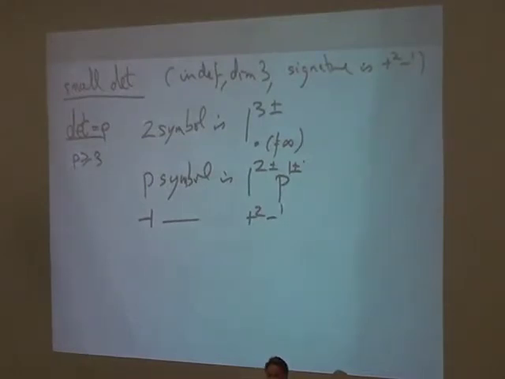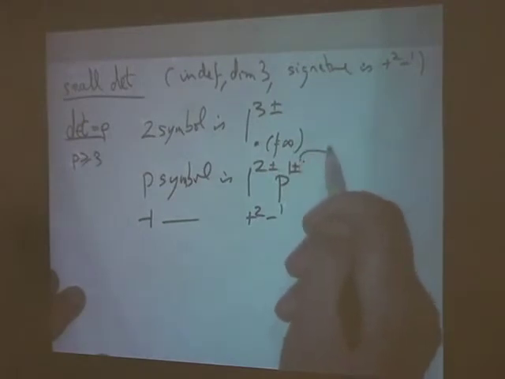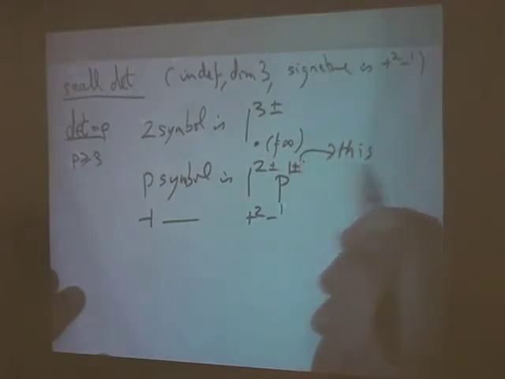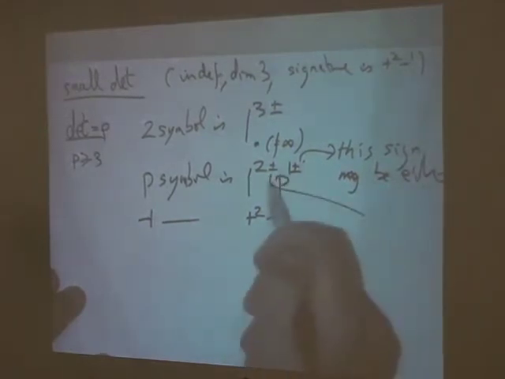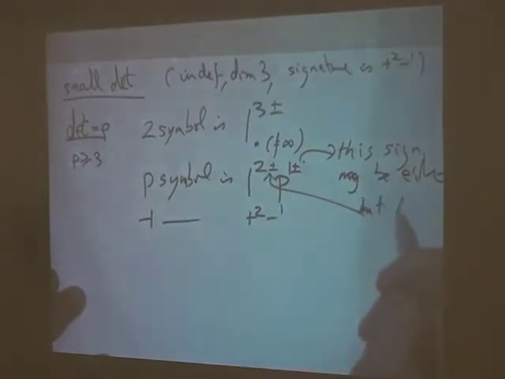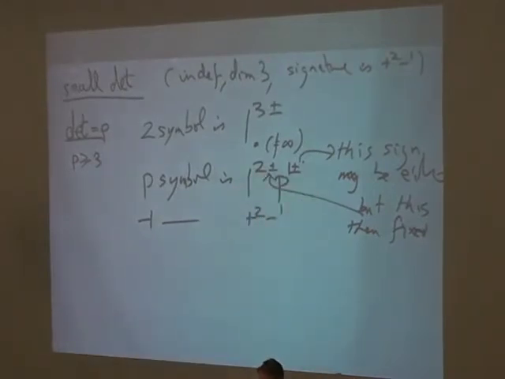Now, how many cases are there? Look, this sign may be either. So there's a choice there. But this one is then fixed, because the product of the two signs is the determinant.